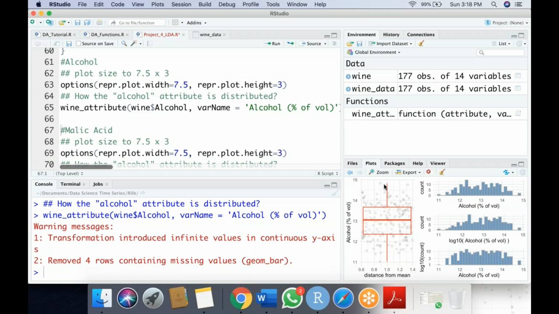One of the plots is a box and whisker plot. Do we understand why the box and whisker plot is used? Anybody remember? To check the distribution and outliers in the data, and we can see the distance from the mean using that. Apart from it, this is the alcohol data, and this is the log transform of the data.